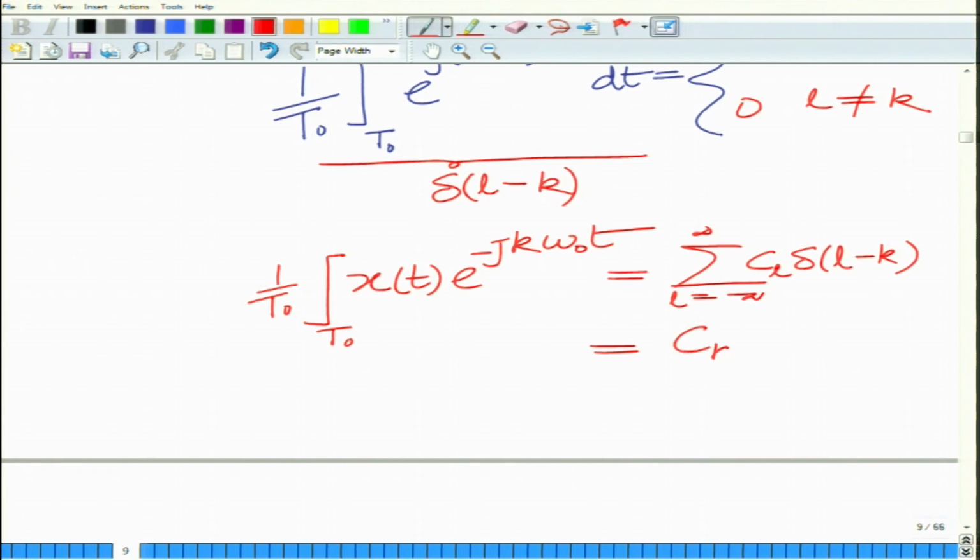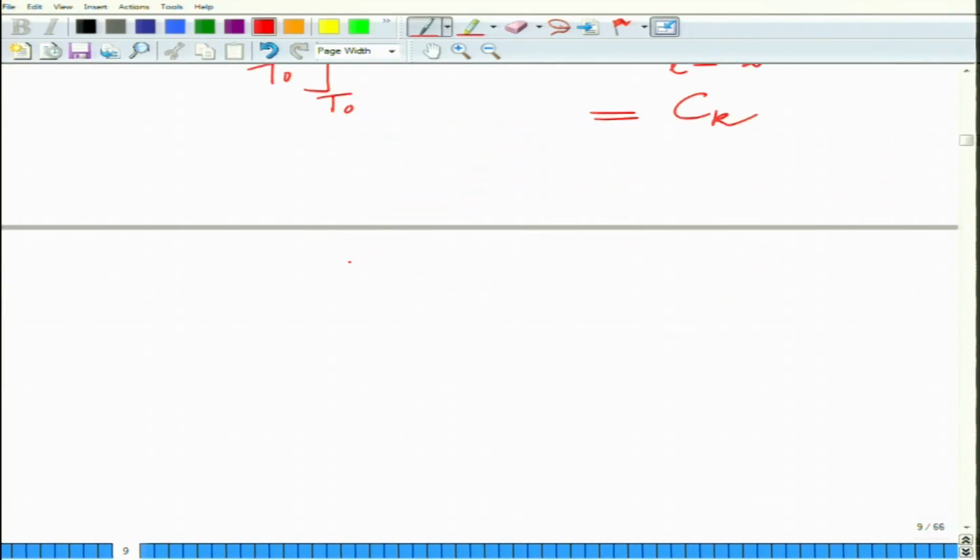Therefore, the result of this summation is C k, because for all other L, delta L minus k equals 0; it only survives when L is equal to k.